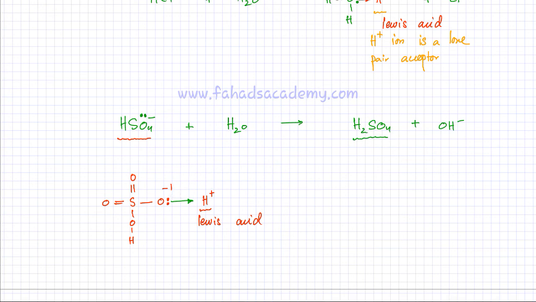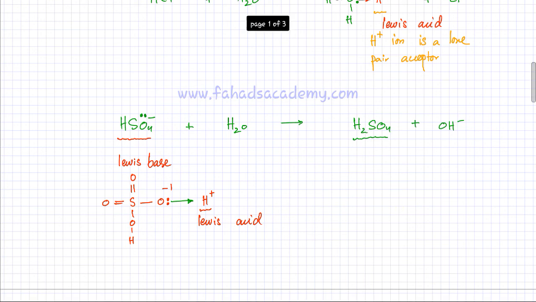Now, since H+ is getting attracted to those lone pairs, H+ is accepting lone pairs of electrons, so H+ was called a Lewis acid. But based on the definition, it's the HSO4- molecule, this oxygen over here with the lone pairs, that is donating those lone pairs to H+. So HSO4- would be your Lewis base in this particular reaction. So a Lewis base is a lone pair donor.